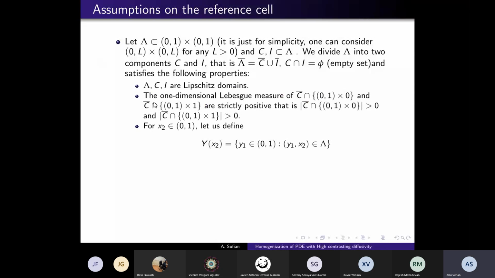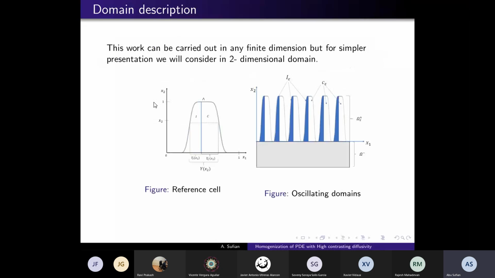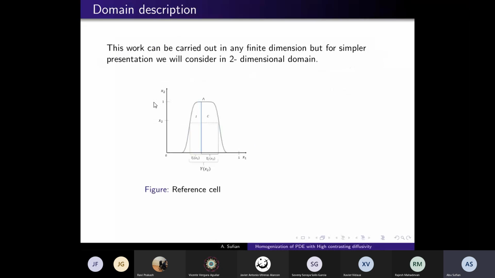And for each x2, just to see in the reference cell, I'm denoting Y_x2 to be the projection of this line over the x1 axis.